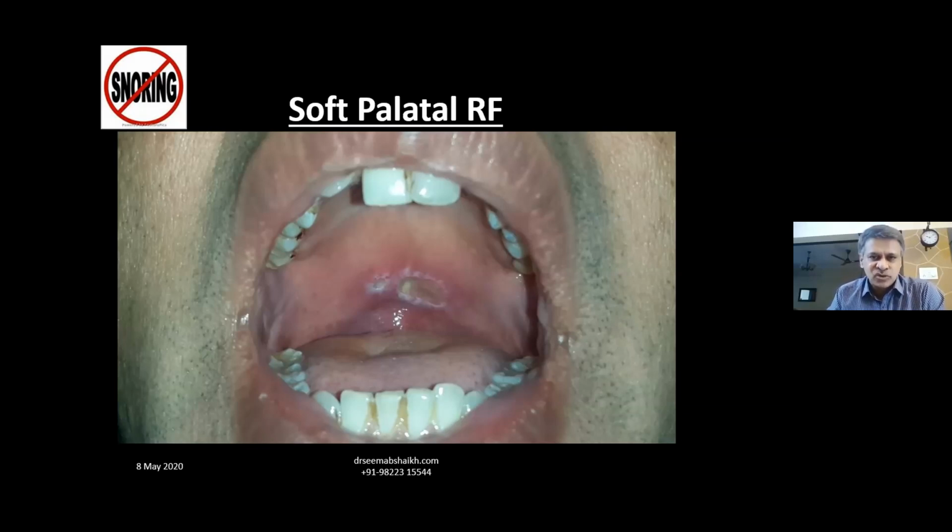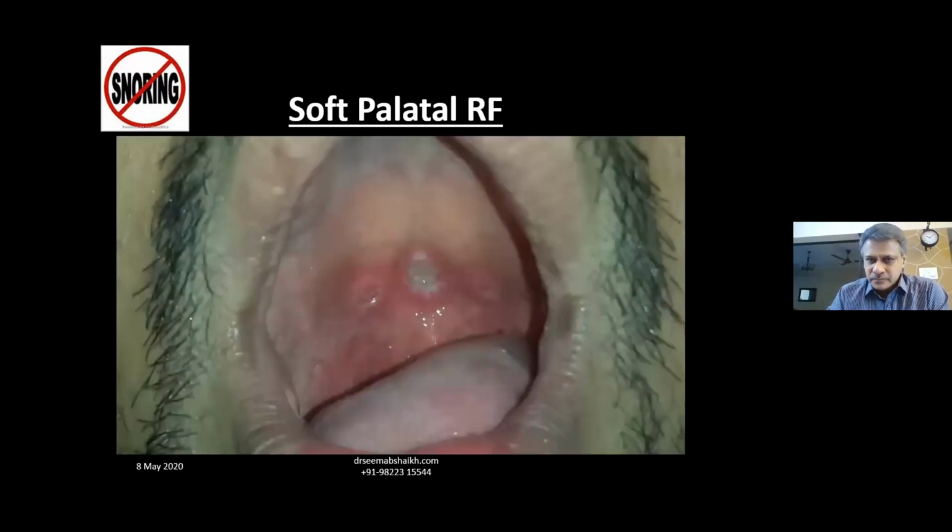So we will see most of it in the front on the oral side. We have not yet been able to find out what happens on the nasopharyngeal side of the lesions that are created. We hope to try and put in scopes and see that. You'll see multiple cases, multiple places where the lesions will heal, but they will heal in time, in about 2 to 3 weeks, and that creates a decent amount of fibrosis for us to use.